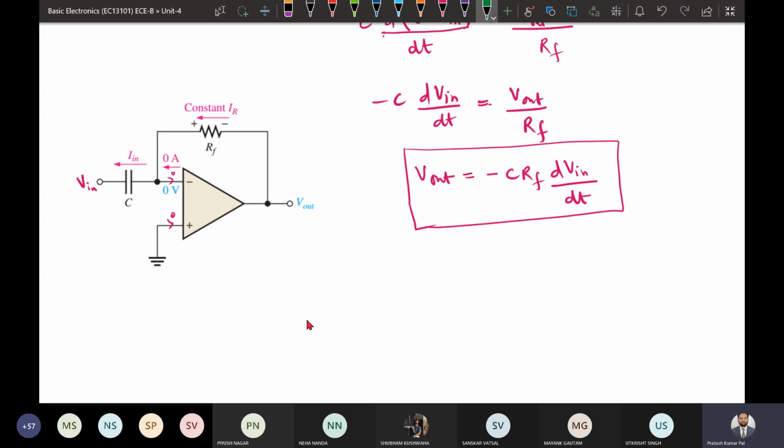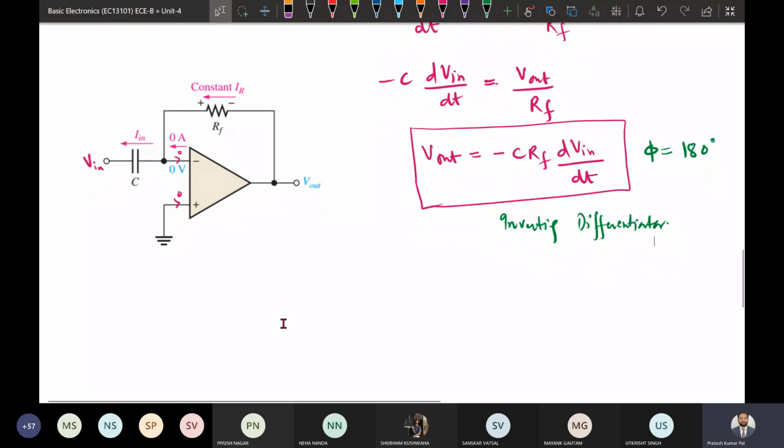Also there is a negative sign. A negative sign means there is a phase shift. So again there is a 180 degree phase shift, and the output that we are getting is the inverse of the input. So it is an inverting differentiator, because we are getting the output that is the negative of the differentiation of the input.